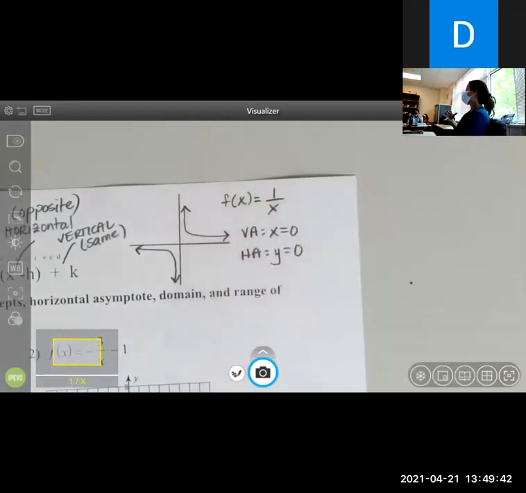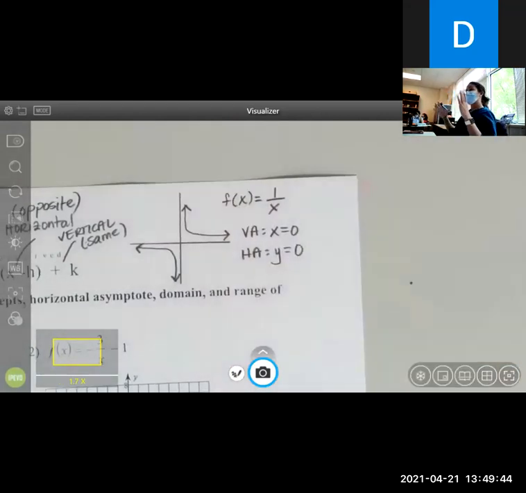So when your graph has its transformations, those asymptotes move along with those two curves, okay? All righty, so that's the basic parent function, all right?